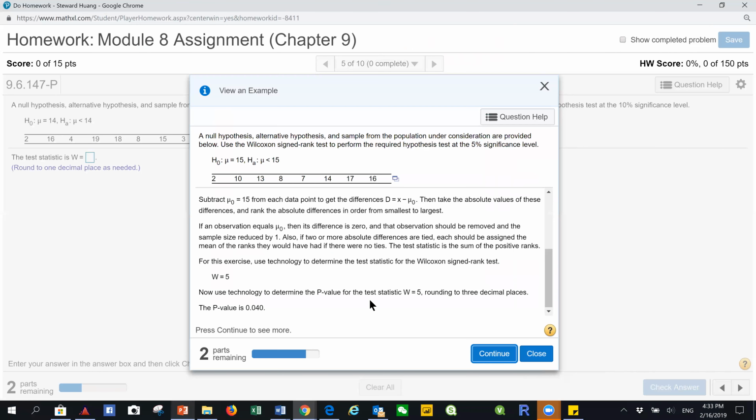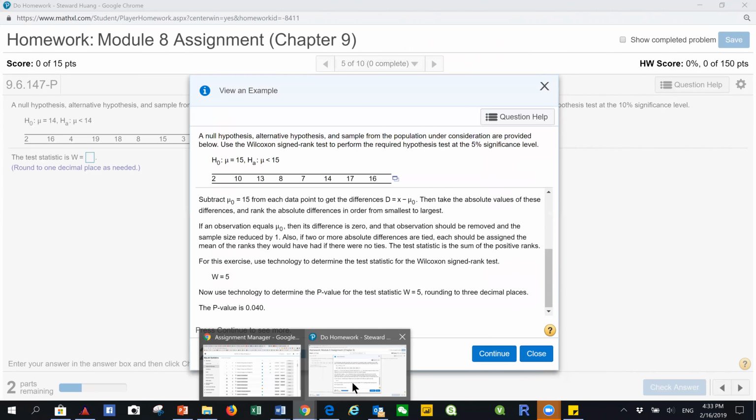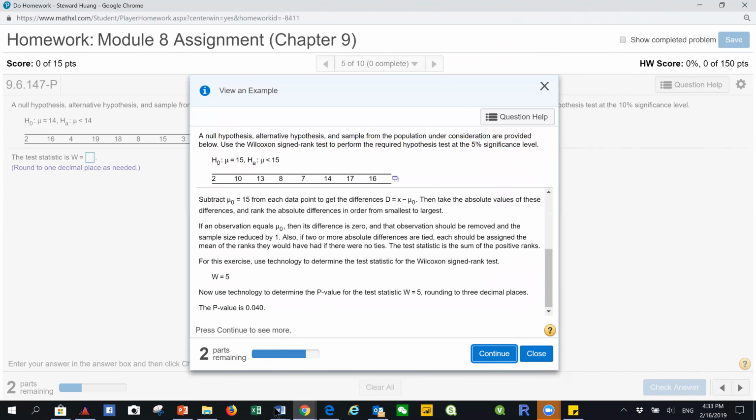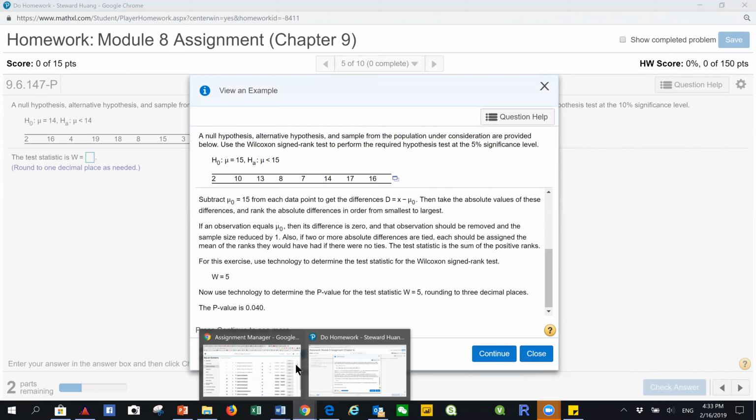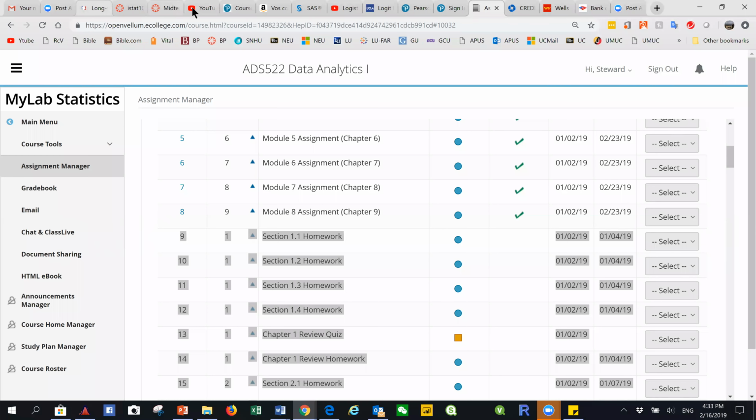You're not required to calculate the p-value, I think, but otherwise you would calculate it according to the formula in the textbook.